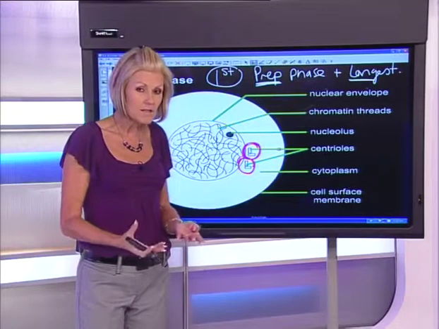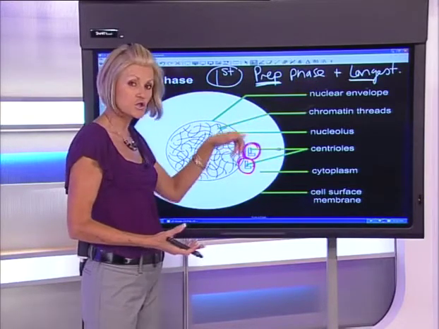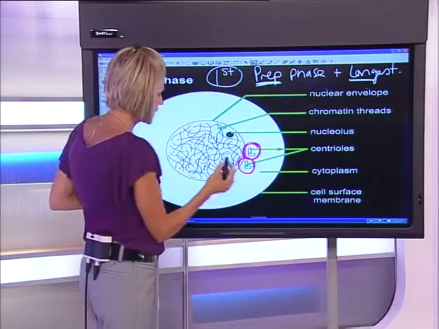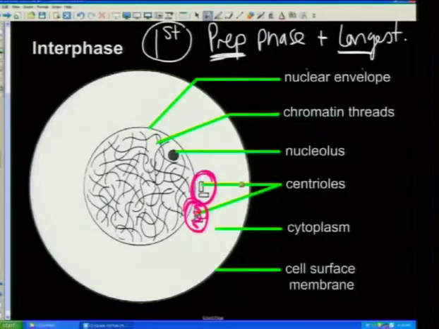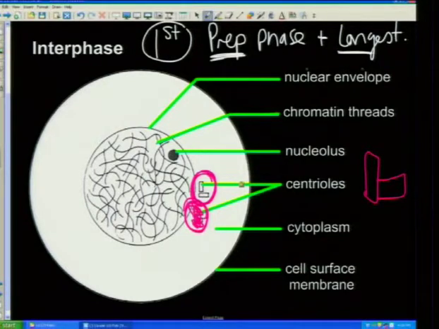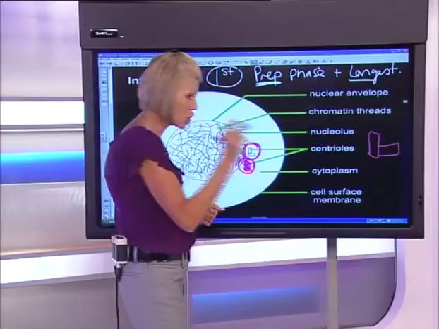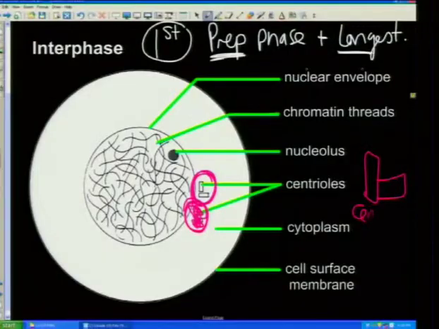Okay, so in animal cells, we are going to have the centrosome, which splits. Now, in this one, we've got two. We shouldn't have two. We should only have one. And each one of these little log-like things looks like that. And then you've got another one at right angles. This whole thing is a centrosome. Okay, but each one of these is a centriole.